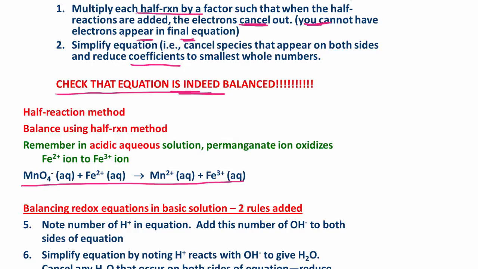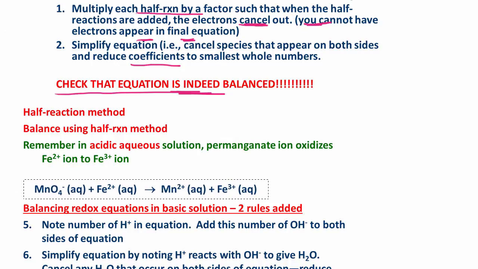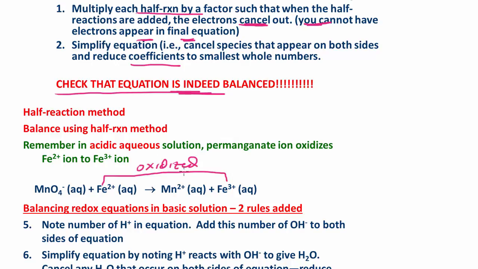Let me bring this down a little bit so that I can put the oxidation numbers in. Good. That'll be better. So let's go ahead and see what's oxidized and what is reduced. This part here is easy. Iron goes from +2 to +3. There's an increase in oxidation number, so it is oxidized.